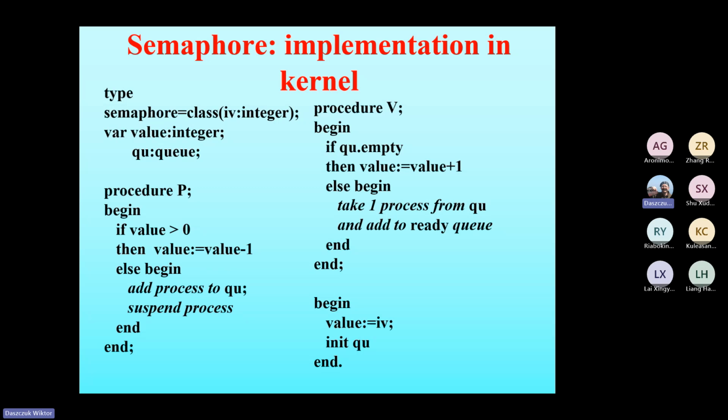How do we suspend the process? We change the state of the process from active to suspended. And that's all. And please think, if we stop the process here, what process will go out of this operation?